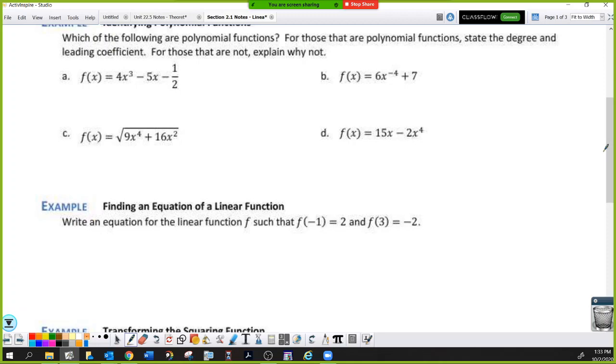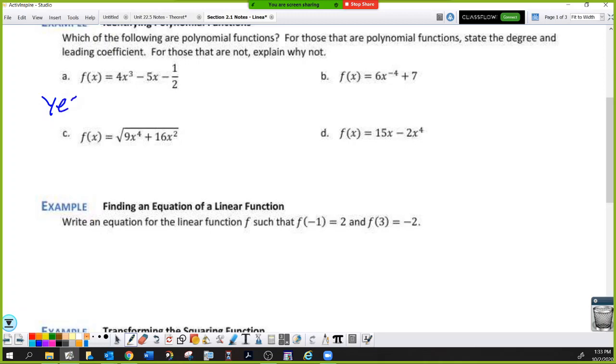Okay? Okay. The first one. Well, let's see. Are there any exponents that are non-integers? No. Are there any exponents that are negative? No. Are all the terms strung together with pluses and minuses? Yes. Well, then this is a polynomial. So we're just going to write yes, because it says, are they polynomials?